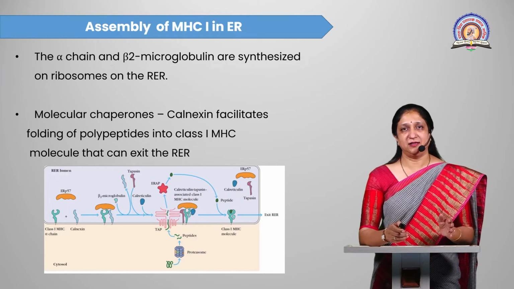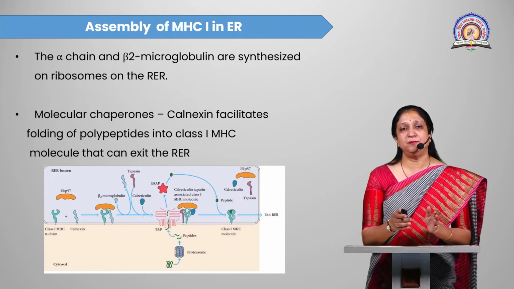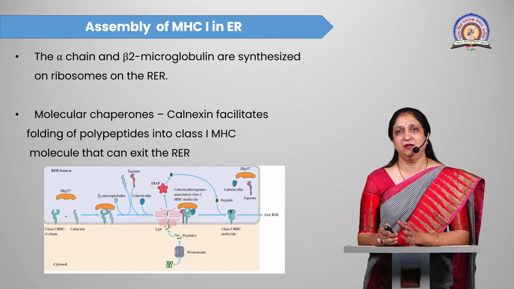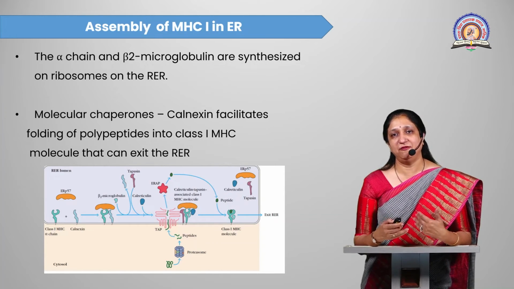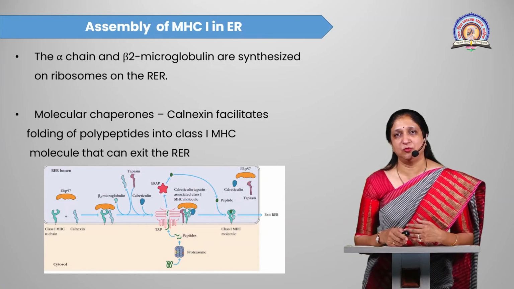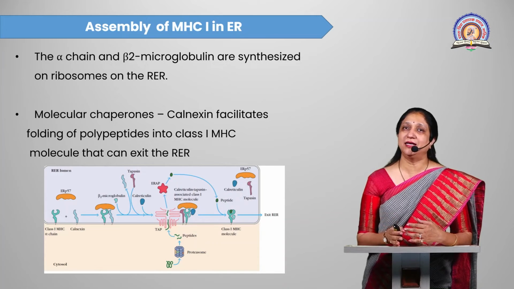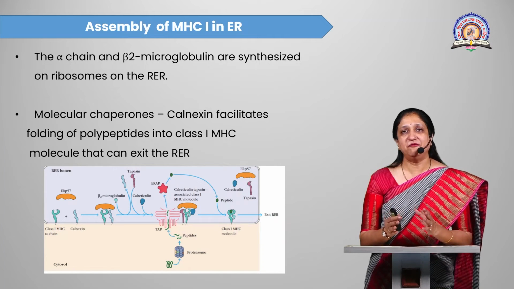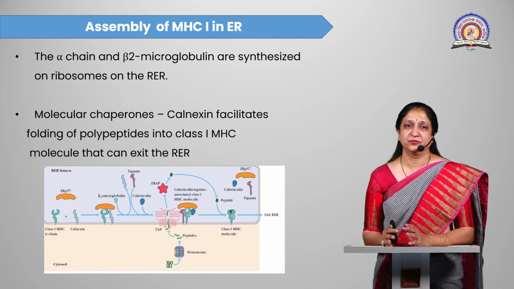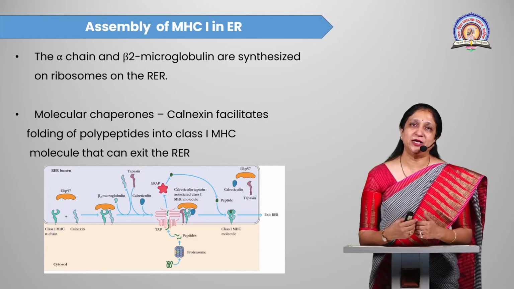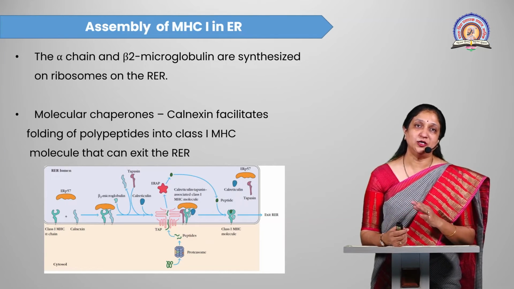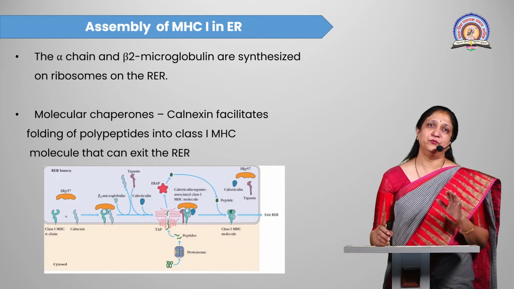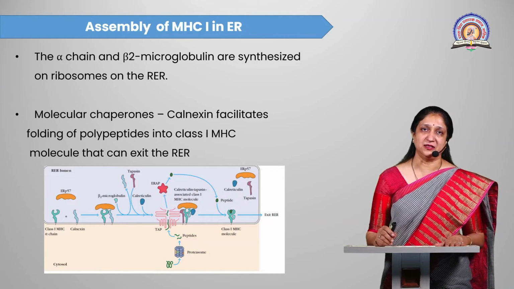Once the ERp57, that is the endoplasmic reticulum P57, binds to the alpha chain of the class 1 MHC molecule along with the calnexin, the alpha chain is stabilized. Then the beta 2 microglobulin, which is not synthesized by genes of the MHC.